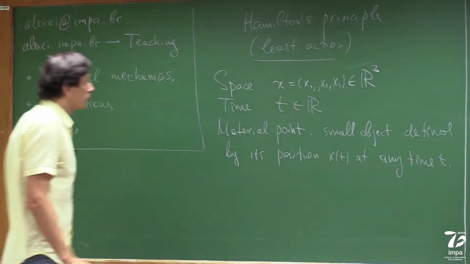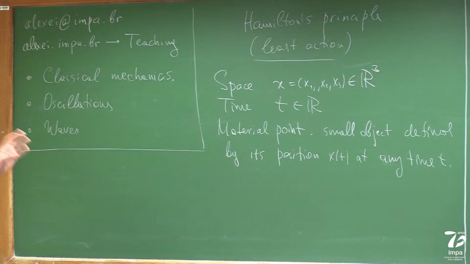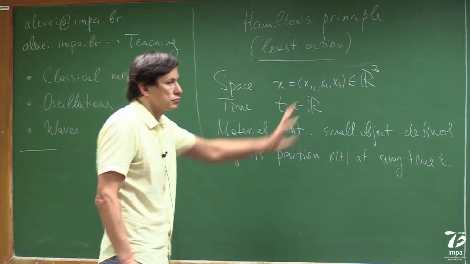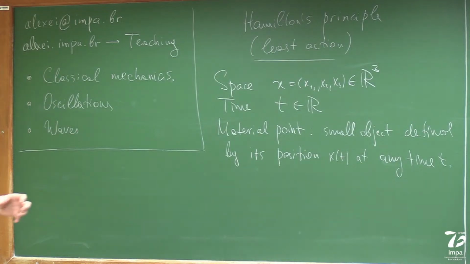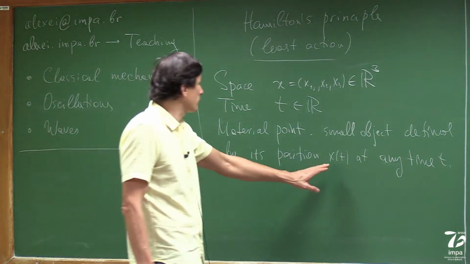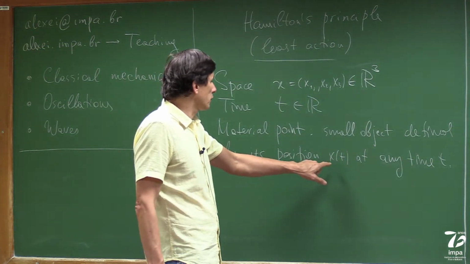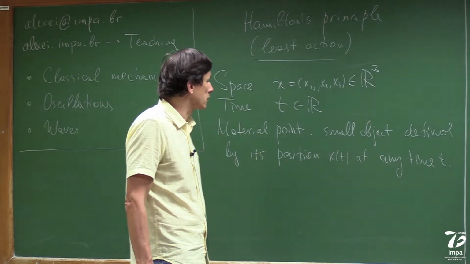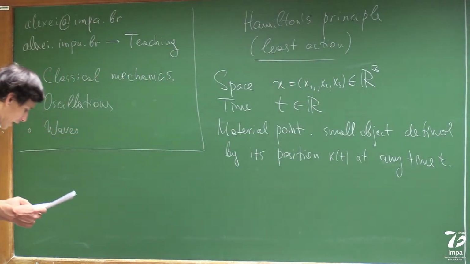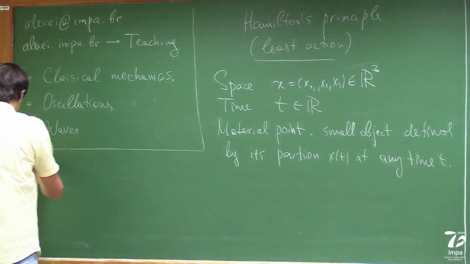So a material point is an object for which we only need coordinates. It's how physicists usually formulate it: it's small enough that only its position, its 3 coordinates, matter and nothing else is important. To define a material point, we just have to define which position in space it takes at every time.